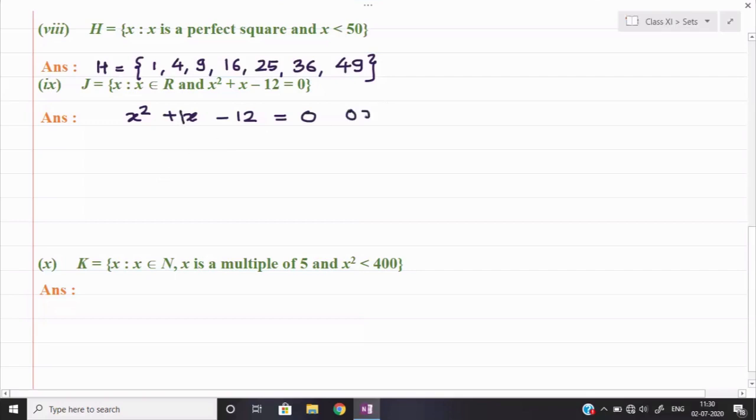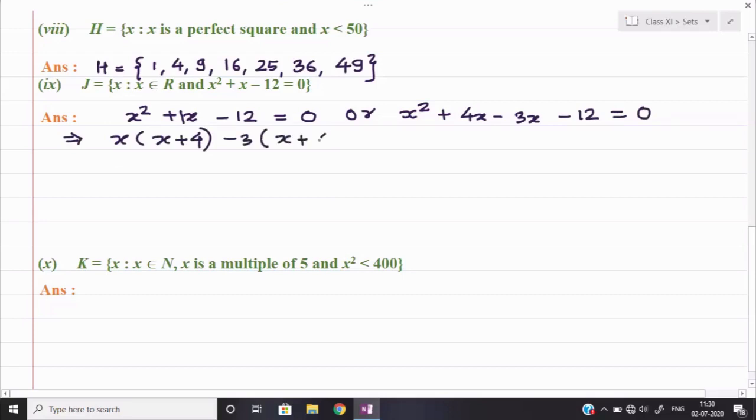So I can write this equation as x square plus 4x minus 3x minus 12. 4 into minus 3 is equal to minus 12 and 4 minus 3 is equal to 1. Now if I take x common from the first two terms, the remainder is x plus 4, and similarly if I take minus 3 common, again x plus 4 remains.